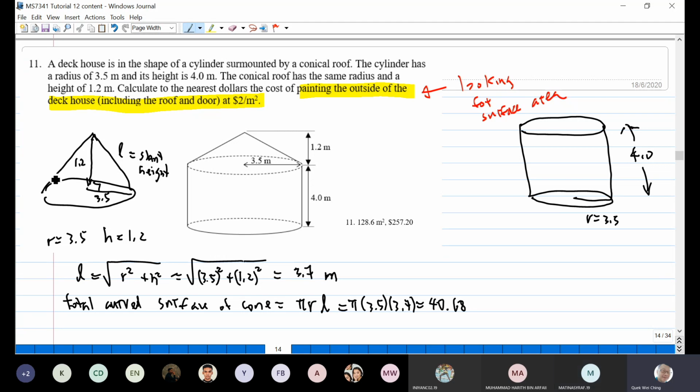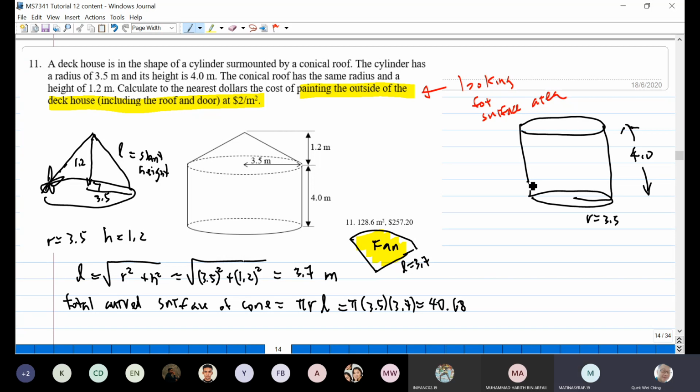If you cut it open, you get a fan, this area, where L is 3.7. For a cylinder, you also can do this.